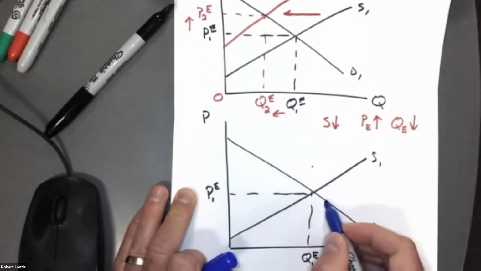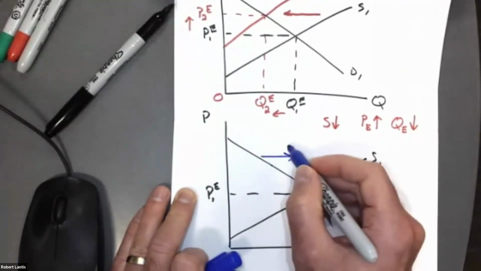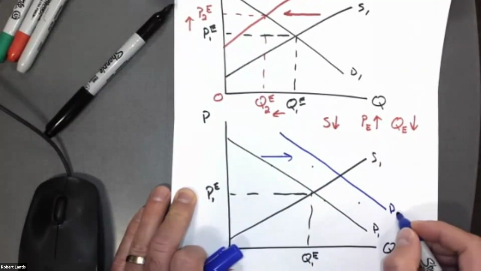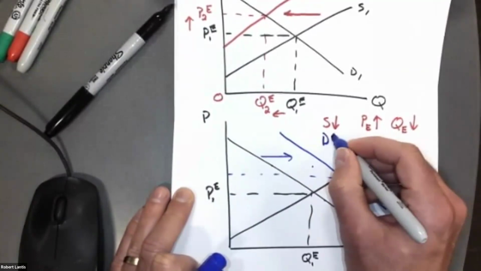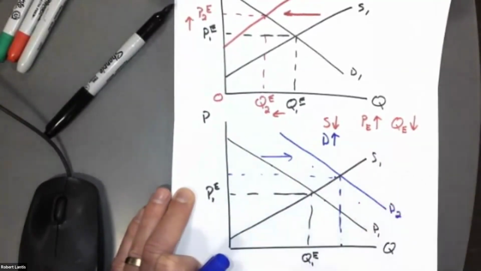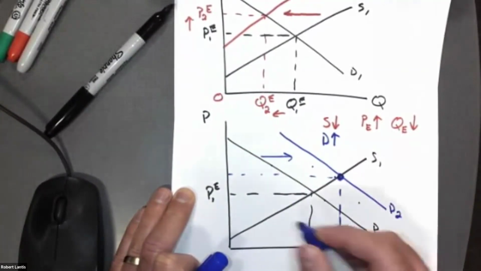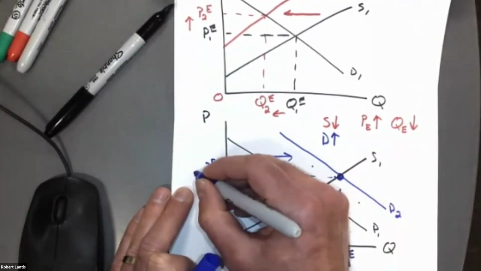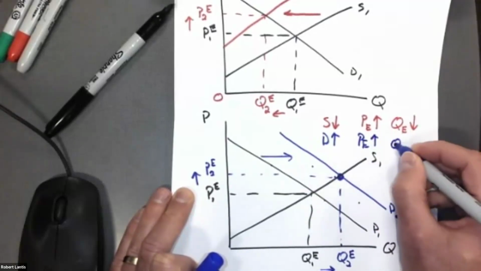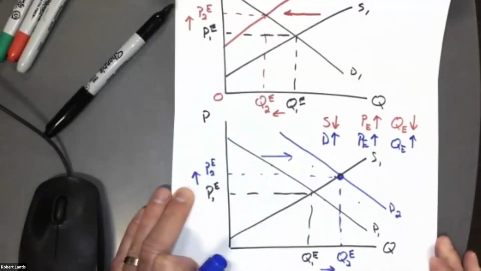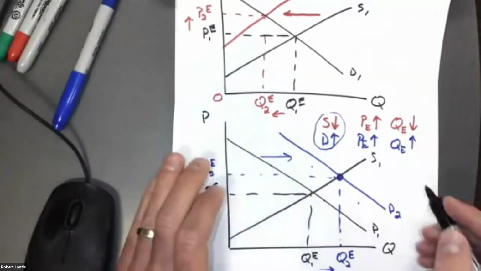Well, that means that at every price, quantity demanded is higher, or I have this rightward shift in my demand curve. What impacts did that demand increase have on my equilibrium price and quantity? Well, the new point where supply is equal to demand is out here. So my equilibrium price and quantity from just that change in demand, it caused both of them to increase.